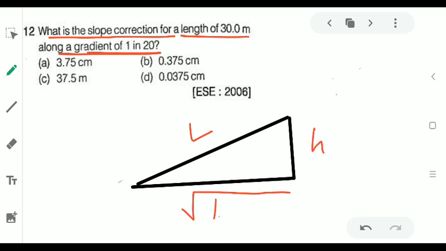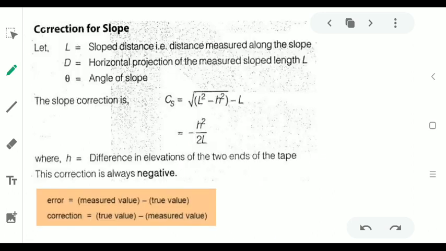So how much will your actual length be? From Pythagoras theorem that will be square root of L square minus h square. The correction is the difference of the true value and the measured value.